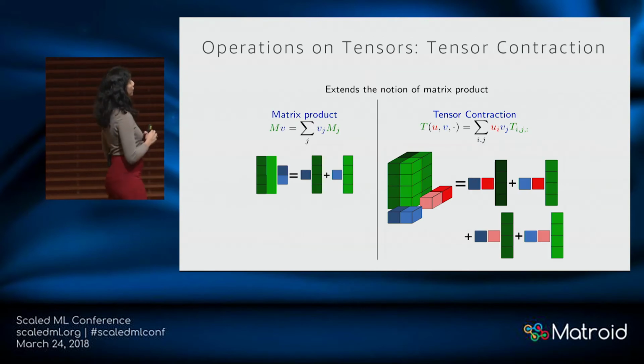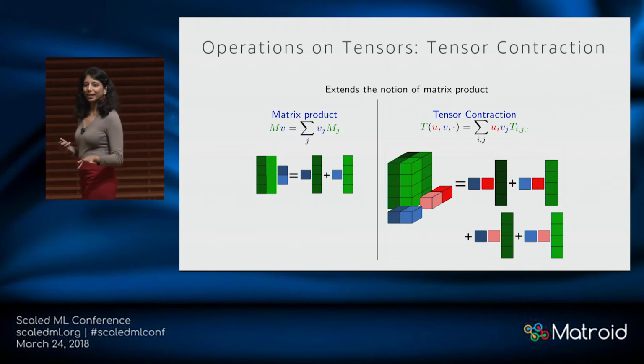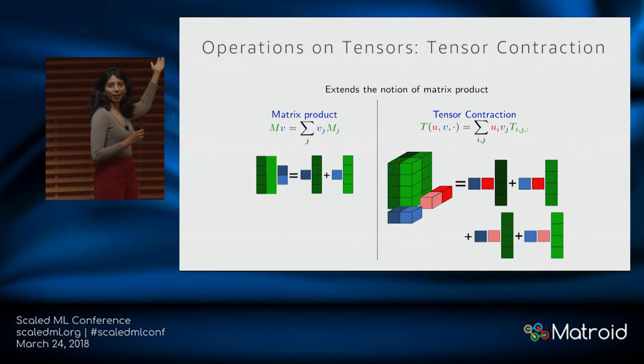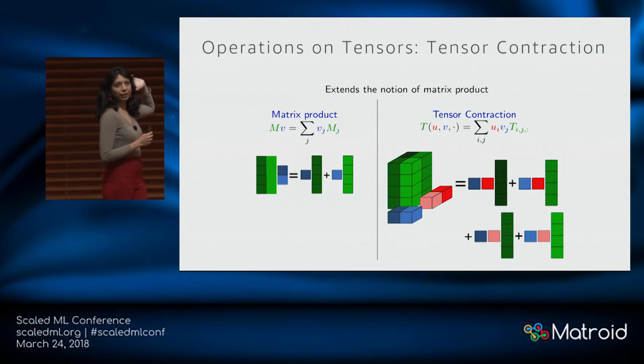And so now that we saw that tensors can incorporate data in multiple dimensions as well as correlations of any order, the next question is, what kind of operations do we do on tensors? With matrices, we know the primitive is matrix multiplication, right? So we can multiply two matrices. Can we do the same with tensors?